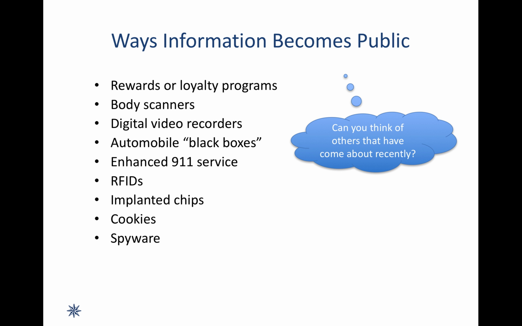So some other examples are body scanners, digital video recorders, automobile black boxes, RFIDs, enhanced 9/11 services, implanted chips, cookies, and spywares. The whole point here is that this is alive and well now, and is only going to continue to become, I wouldn't use the word invasive, that might sound a little too strong, but pervasive is probably a better word to use.